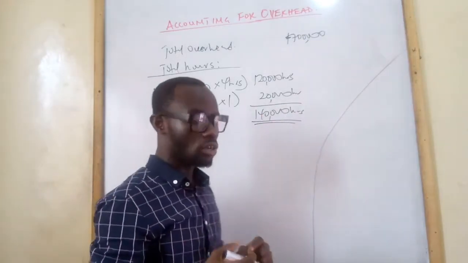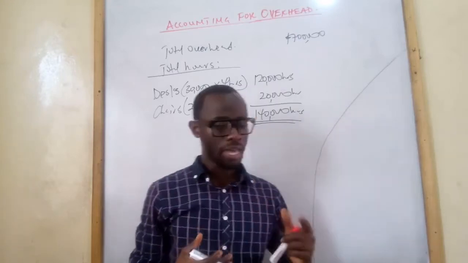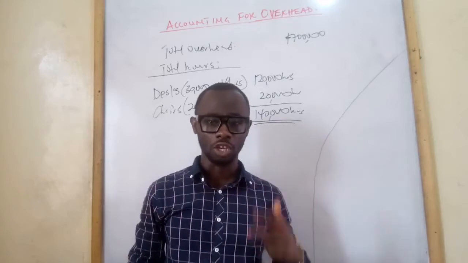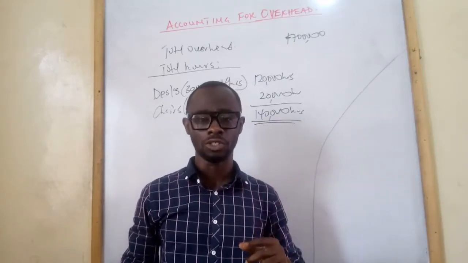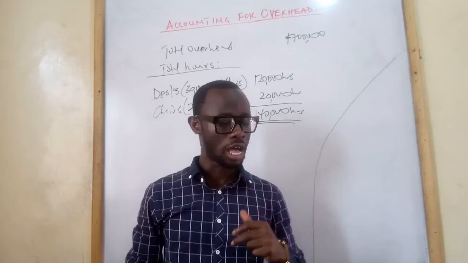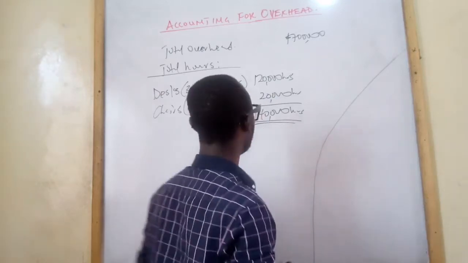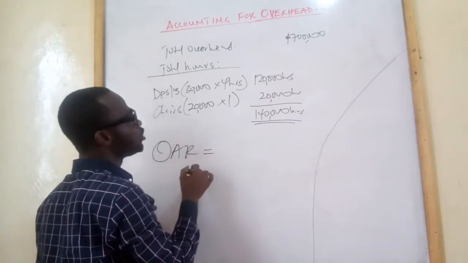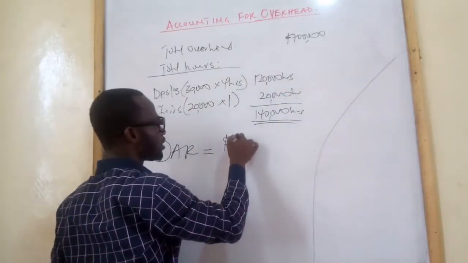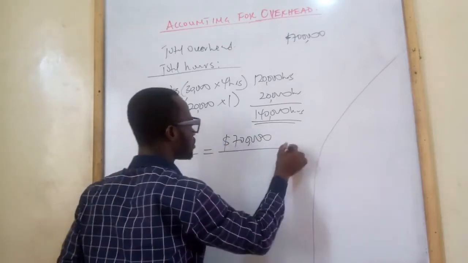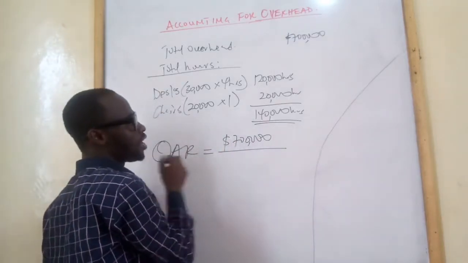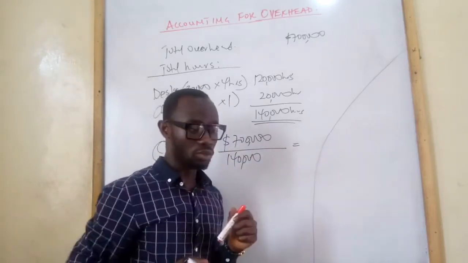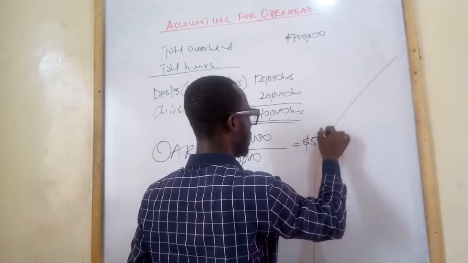So we are told that overhead is apportioned based on the labor hours. So we need to get what we call the overhead absorption rate. So we will use that overhead absorption rate to now apportion the total overheads. So overhead absorption rate is going to be the total overhead incurred, 700,000, divided by the labor hours, and that is going to give us $5 per hour.